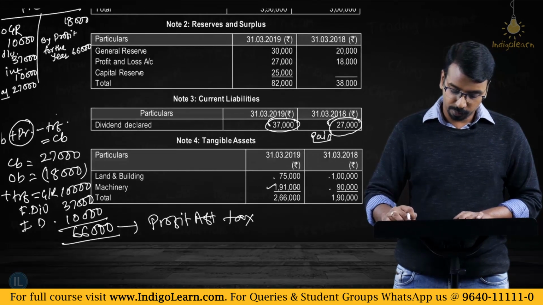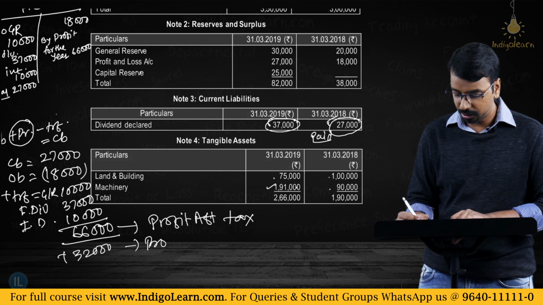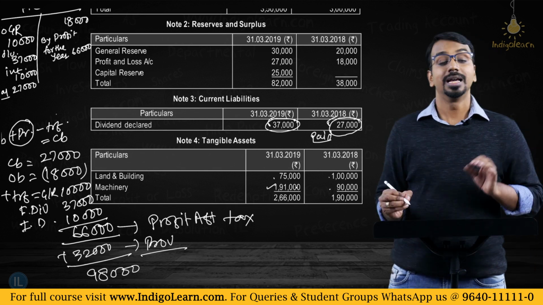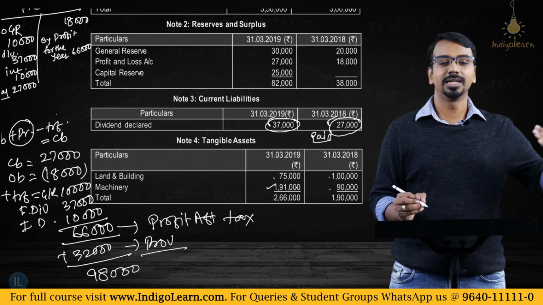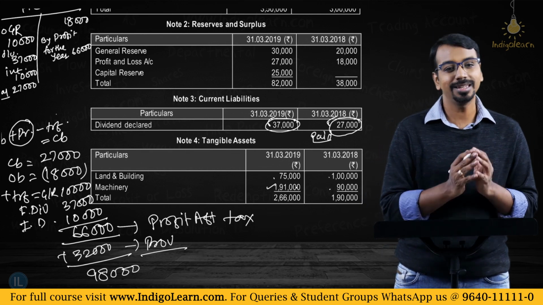So from profit after tax, if you add back 32,000 of provision, you get profit before tax of 98,000. Now once you have arrived at this 98,000, the balance part of the problem becomes a simple presentation exercise only.